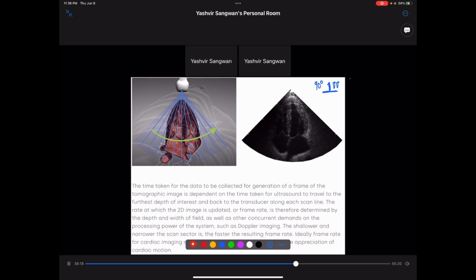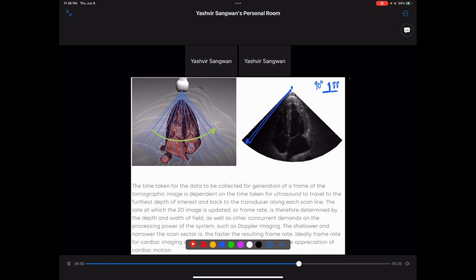Alright? So what happens is, especially if you're using a sector or a phased array probe, every time a piezoelectric crystal generates a sound, boom, it waits for about 1 to 2 times the amount of microseconds it would take for sound to travel to the deepest depth of your sector image, and you choose the depth, and come back.